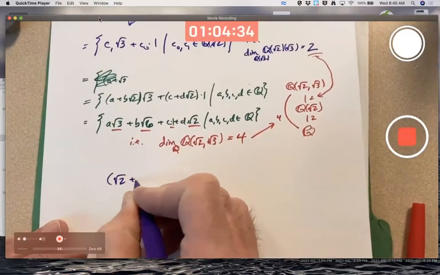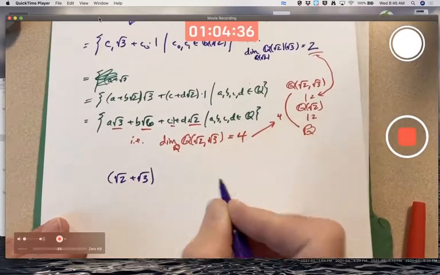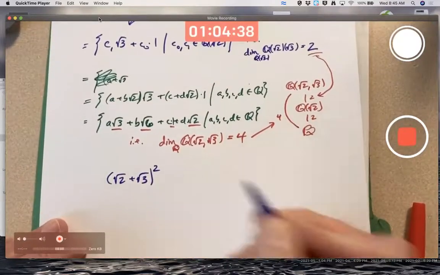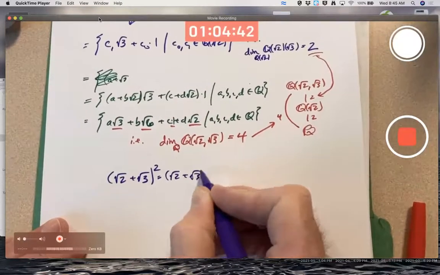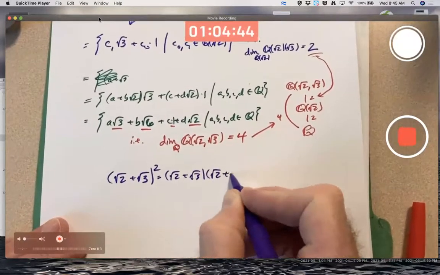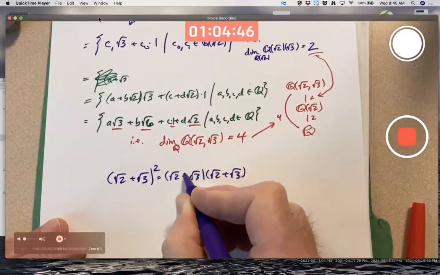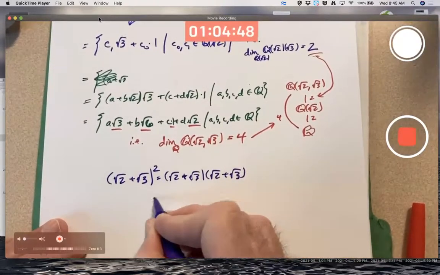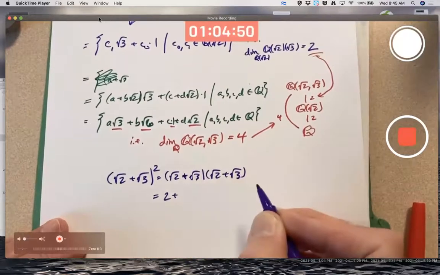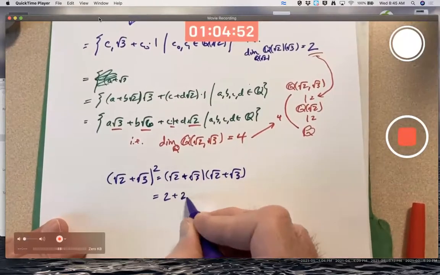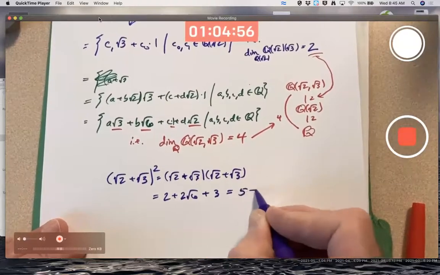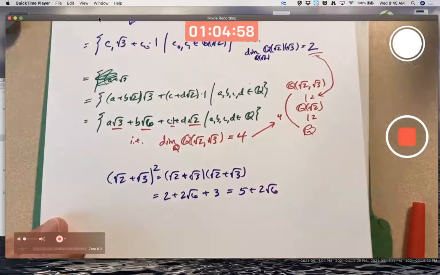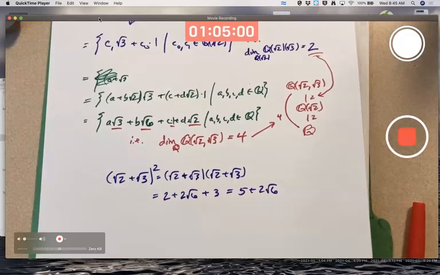And here's the experimentation I was doing last night with this. I was wondering, first of all, what would happen if I square this thing? I'm trying to find a degree 4 polynomial that this is a root to. Foil it out, I get 2 plus 2 root 6 plus 3, which is 5 plus 2 root 6.